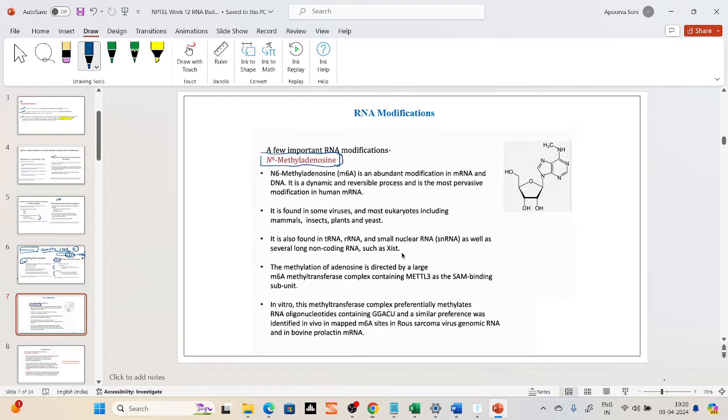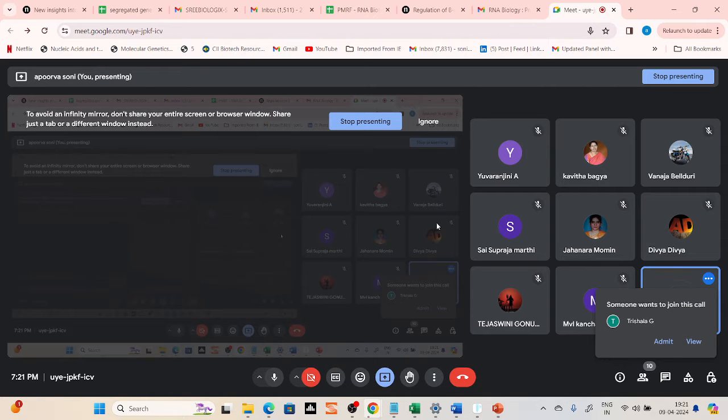N6-methyladenosine is an abundant modification in mRNA and in DNA. It is a dynamic and reversible process and the most pervasive modification in human mRNA. This modification is present in viruses, mammals, insects, plants, yeast, and it is also found in some non-coding RNA such as tRNA, rRNA, and snRNA.